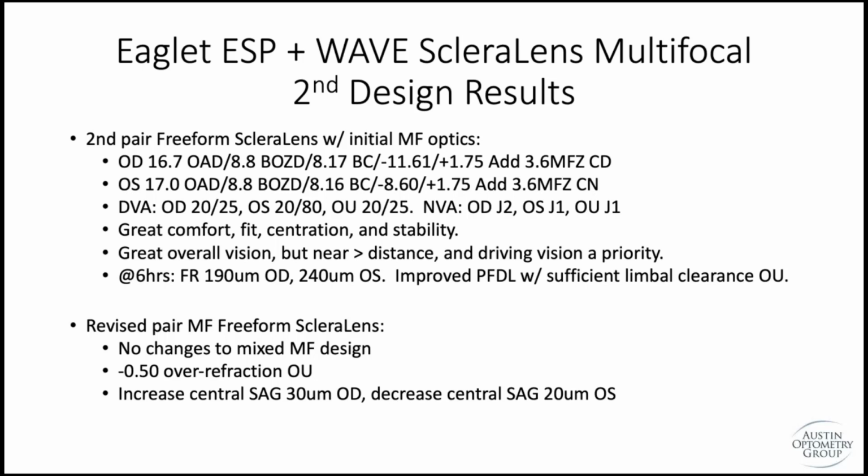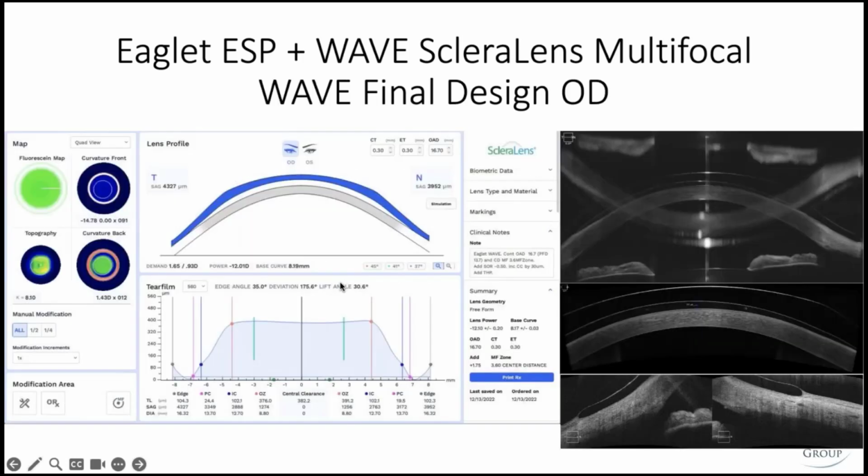So as part of that experiment, I added 30 microns to the right eye and subtracted 20 microns on the left eye to try to get a target of 220. Since I have about 190 microns clearance on the right, I said let me just add 30 arbitrarily in the software since I have to make the lens anyways, do the same thing on the left eye, and just see how it pans out.